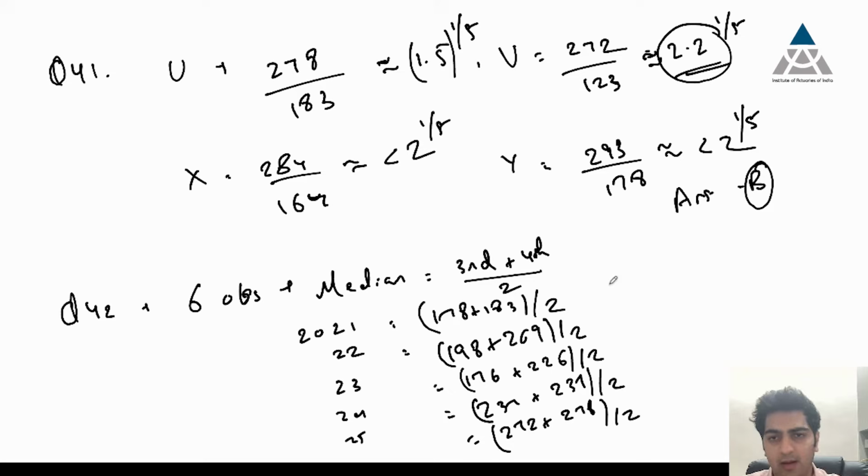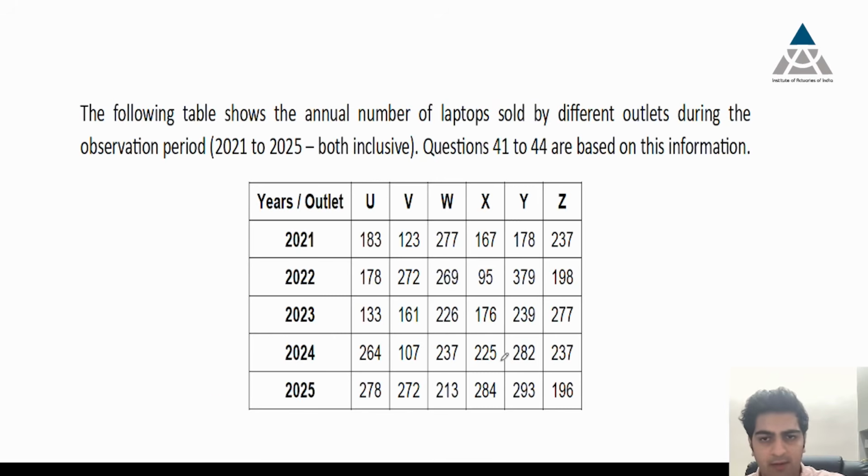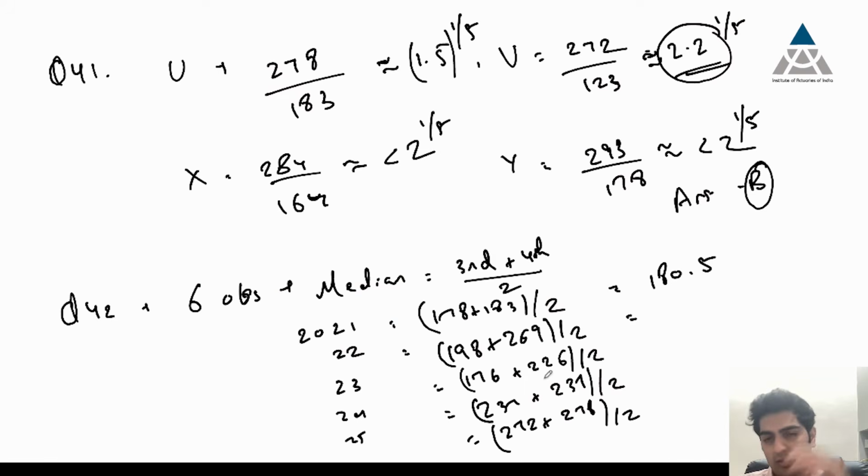So that's necessarily your first step. So the first one is 180.5. Second one you can just see, so this is 269 and 198, right? So 269 and 198. So that will mean 71 divided by 2, that's 35.5. And if you just add it over here, this is 233.5.